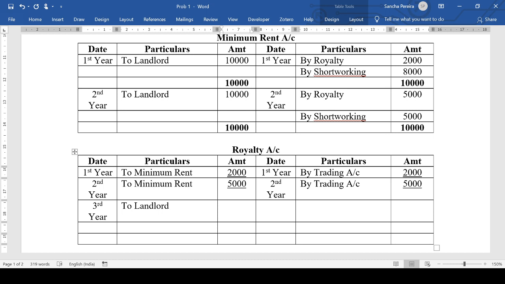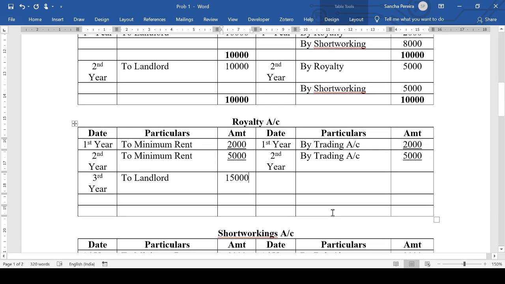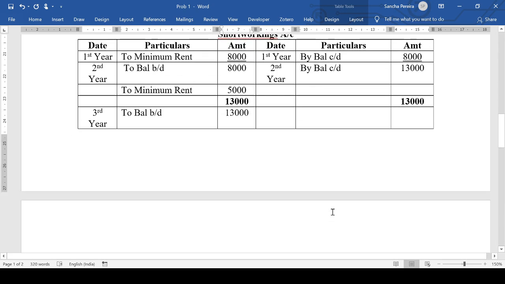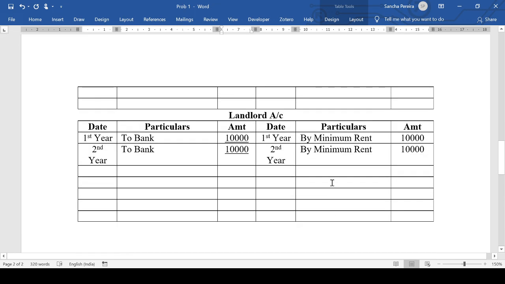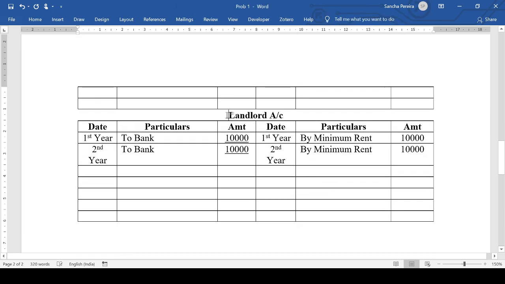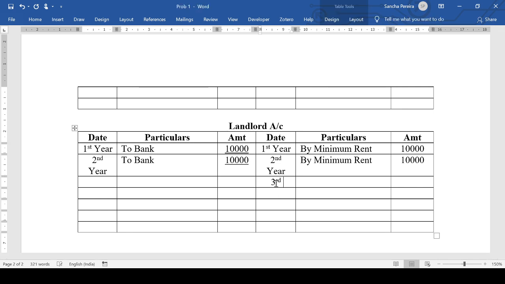How much is the actual royalty? 15, I think. Yeah, 15. Then if you say royalty to landlord, in landlord it will be by royalty 15,000.